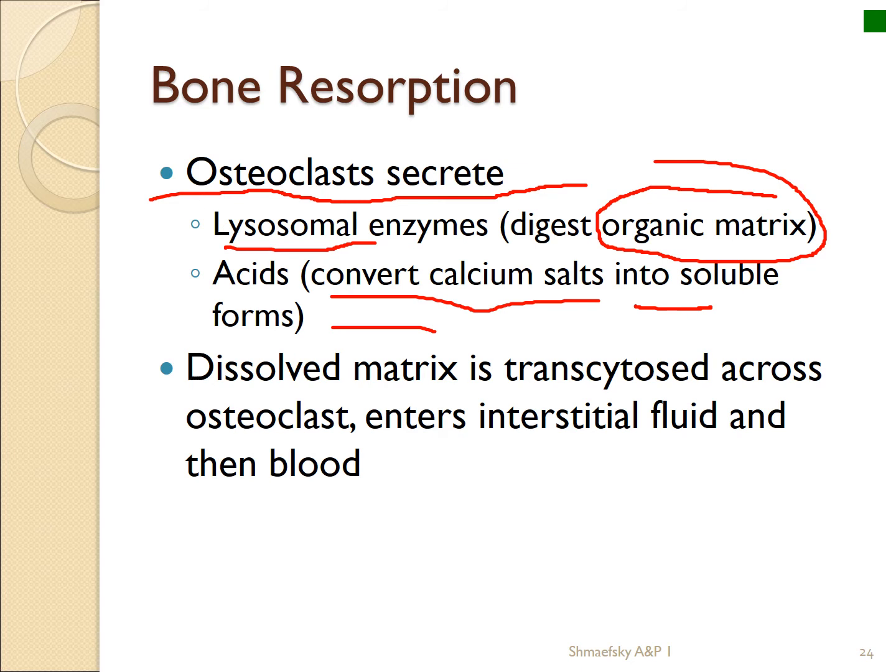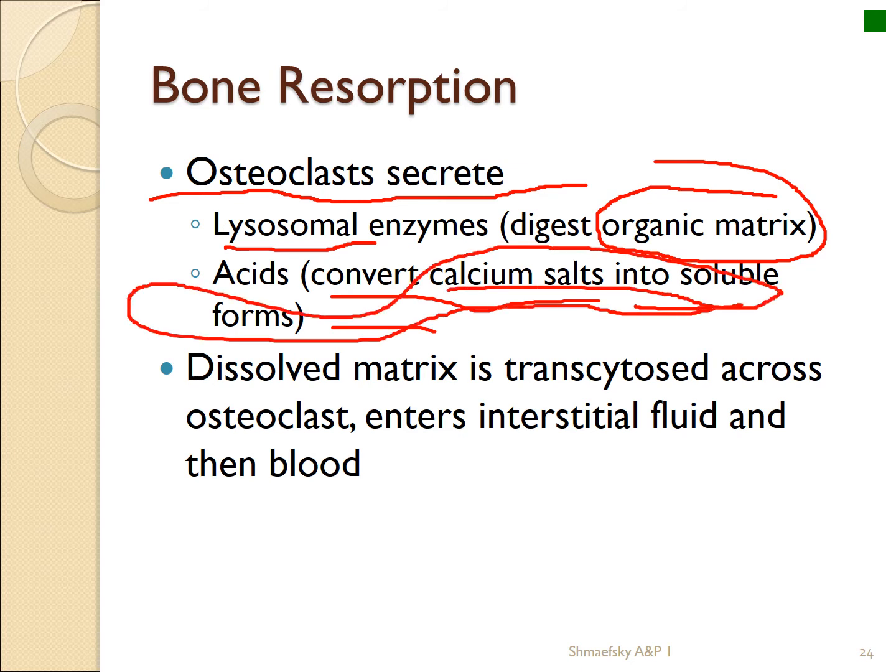Particularly the calcium, those salts are recycled. And guys, under malnutrition, the job of the osteoclast is that it literally eats the bone on purpose to provide the blood with amino acids and with the salts that you need for muscle function and nerve cell function.